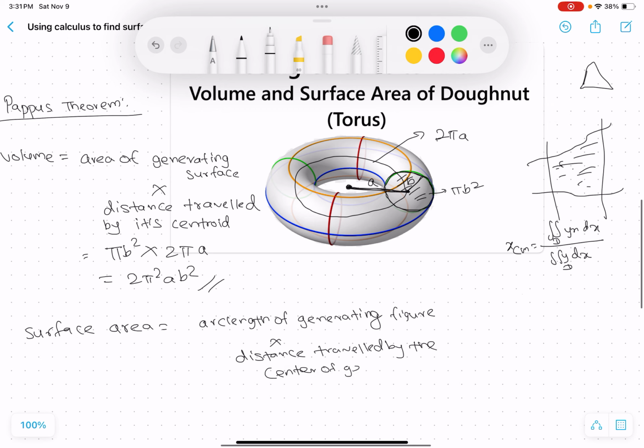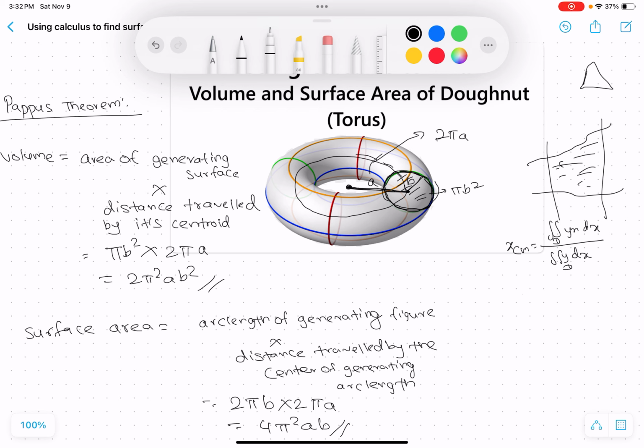Now in this case, the arc length is basically the circumference of the circle, right? Since we want to find the curved surface area of the torus, the length of the circumference times the distance traveled by the center of this circle. So again, that will just be 2 pi b times 2 pi a. So surface area is 4 pi square a b. So these are the formulas for surface area and volume of the torus.